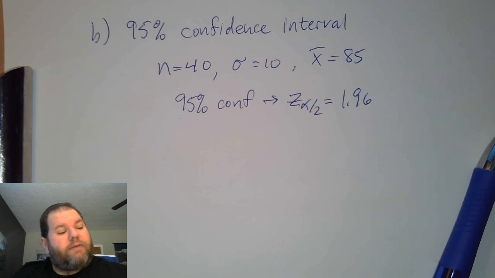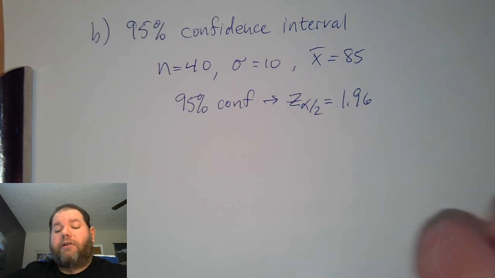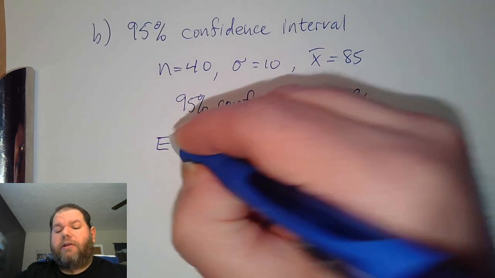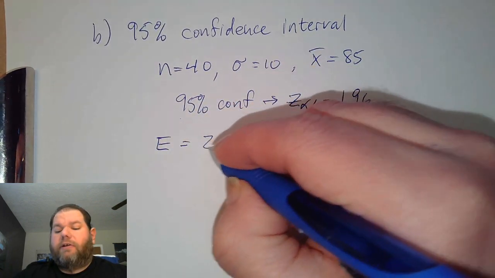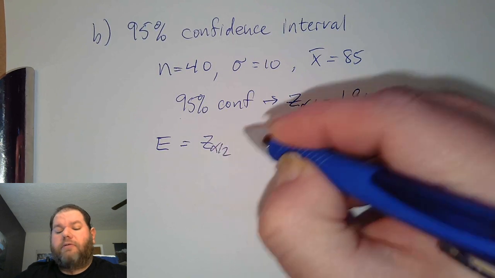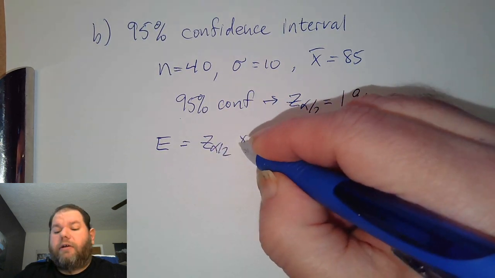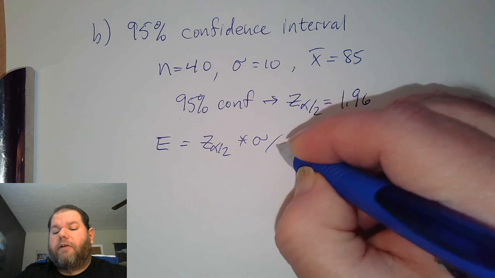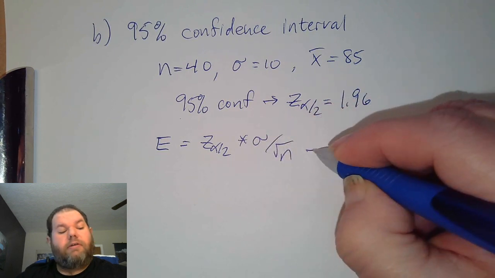So that gives us z alpha over 2, so now we can calculate our error term e, which is z alpha over 2 times sigma divided by square root of n.